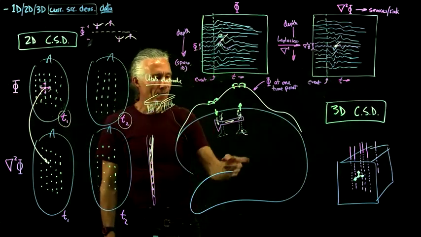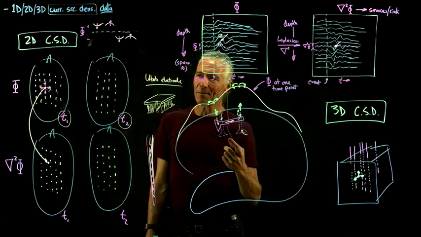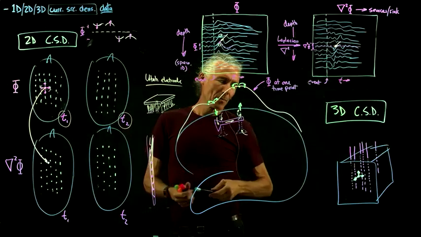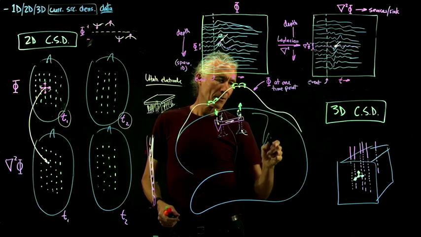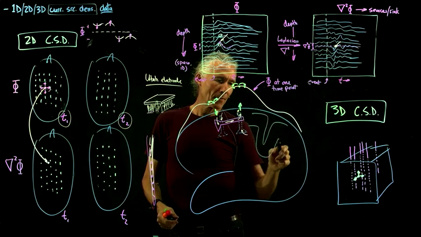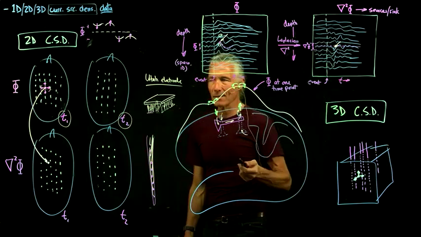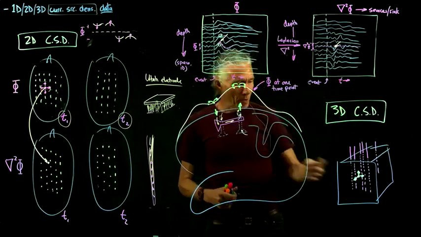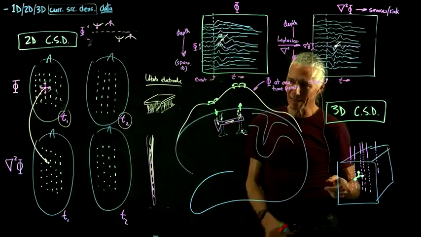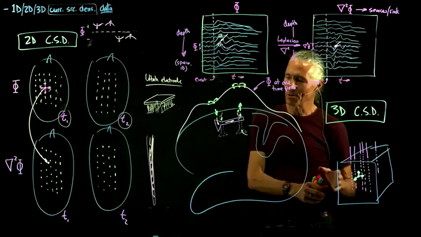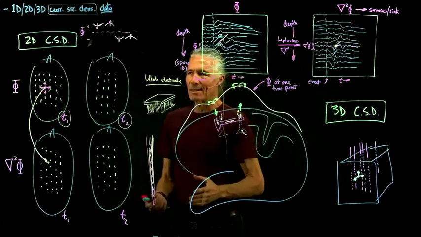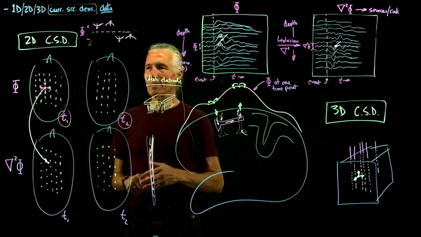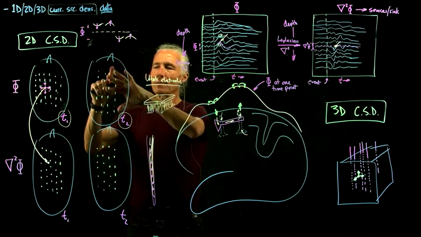But in the case of an animal with a folded cortex, like a human, the 2D current source density is not going to give you an accurate localization method. 3D current source density, however, would work, but it's nearly impossible to do.